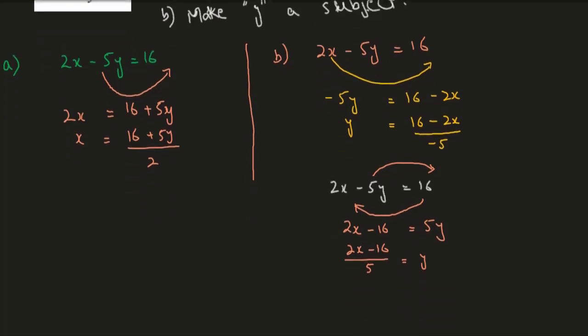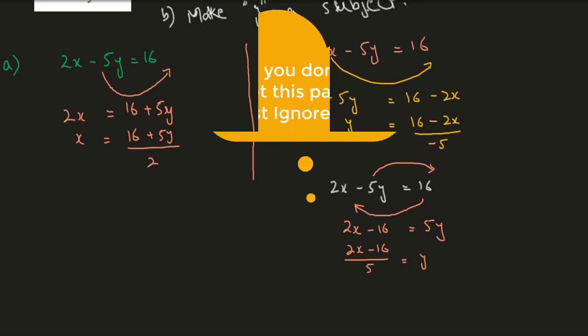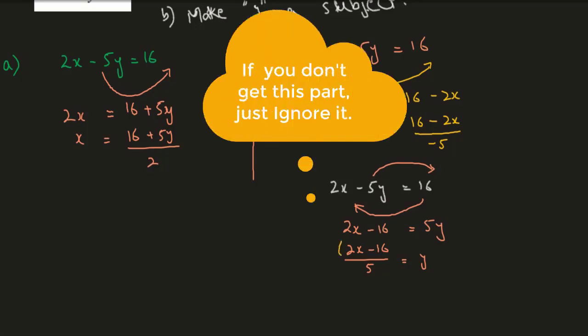If you see, there is a difference between the signs here. Both answers are correct, nothing is wrong with the answers, but sometimes it happens like that. Let me show you how they are the same thing. If I take minus common from here, it would become minus 2x plus 16, whole divided by 5, equal to y.